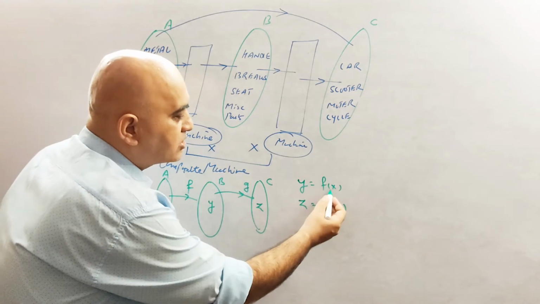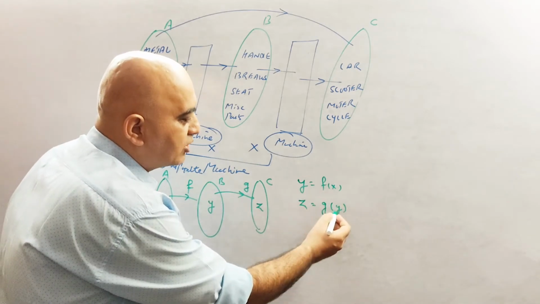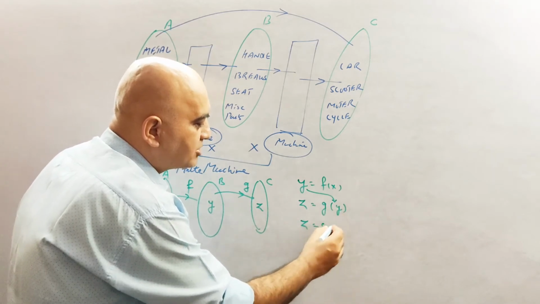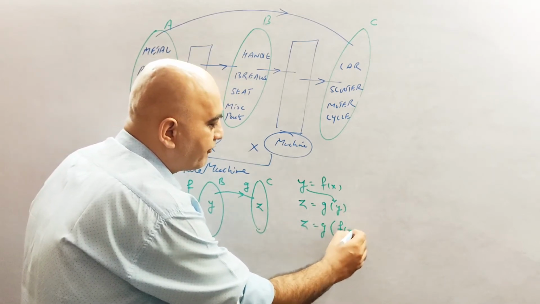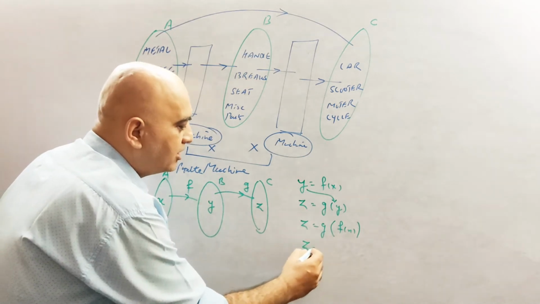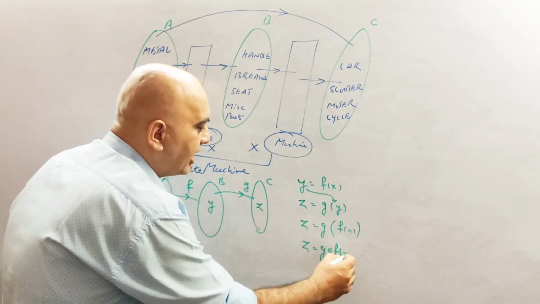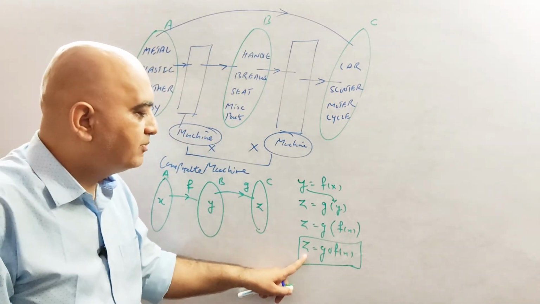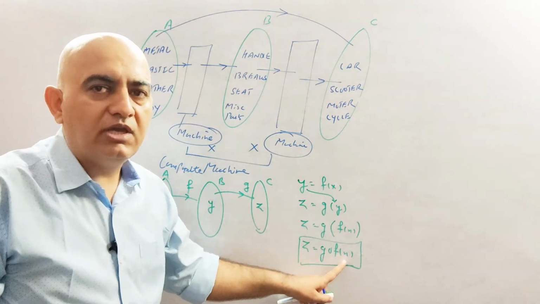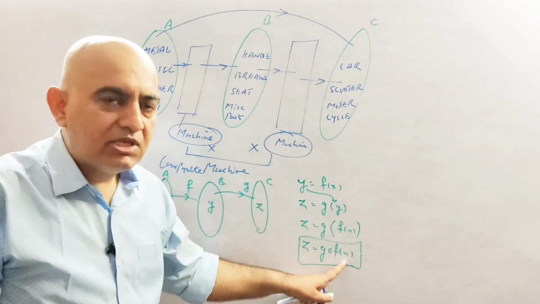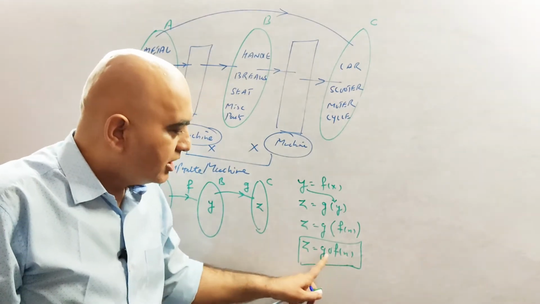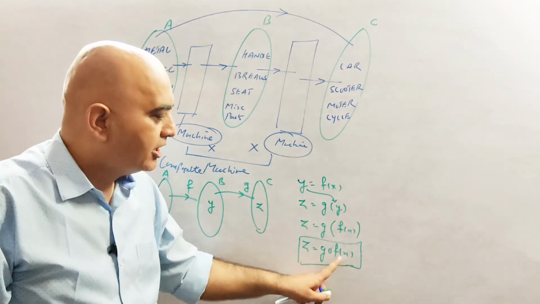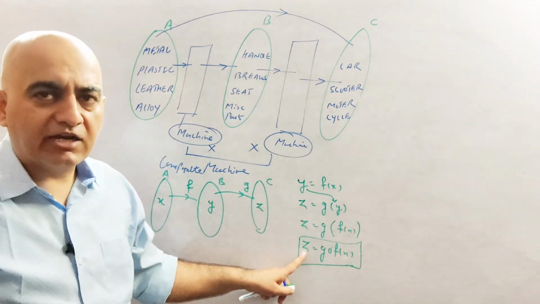If y equals f(x) and z equals g(y), then we can replace y at this place and z becomes g(f(x)). It means z is the output variable which is dependent on the input variable x. Whenever you substitute x into g(f(x)), we obtain z directly.